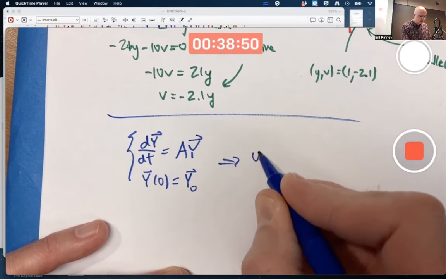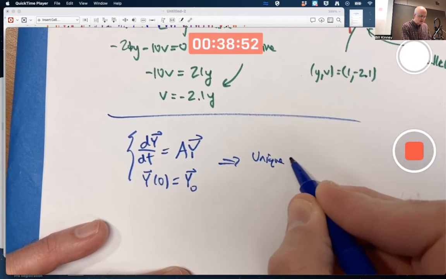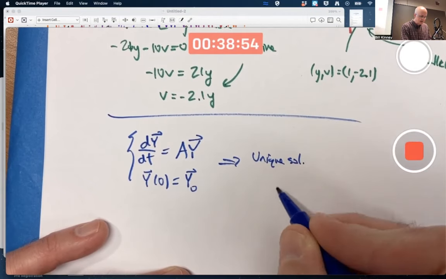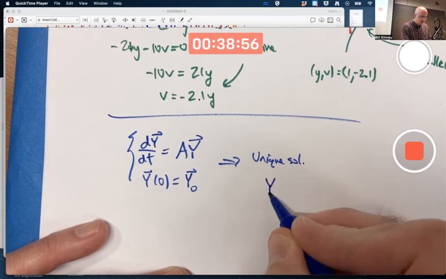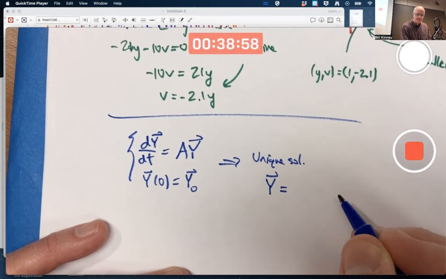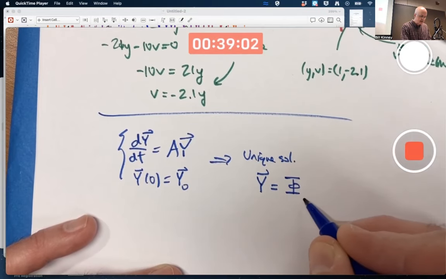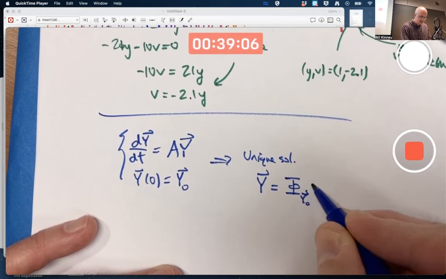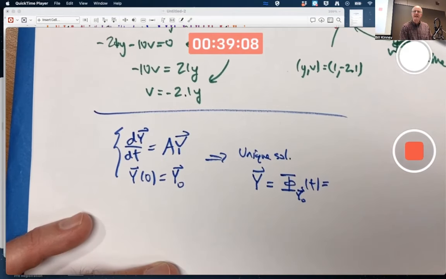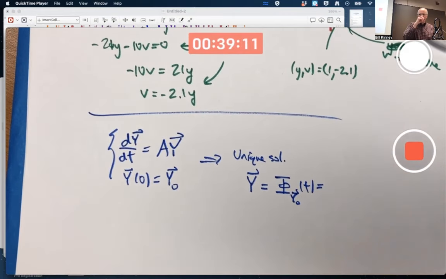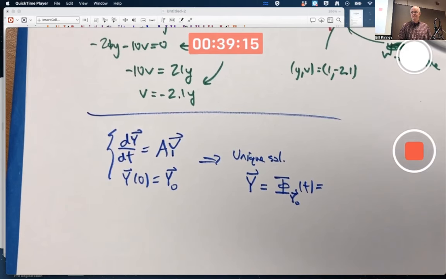the unique solution of that, it turns out, can be written y equals, I'm going to use my phi notation, capital Phi in this case because it's a vector, sub y0 of t, and that's going to be the same answer you would get as if you pretended everything was a scalar.